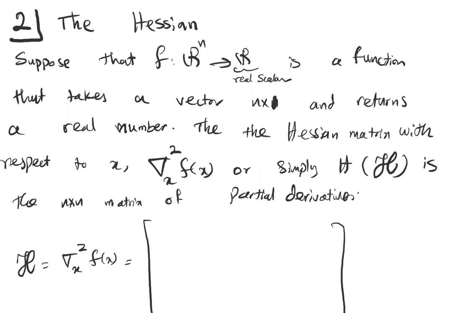our input was x, which is x1 to xn, so it's n by 1. The Hessian matrix is n by n.